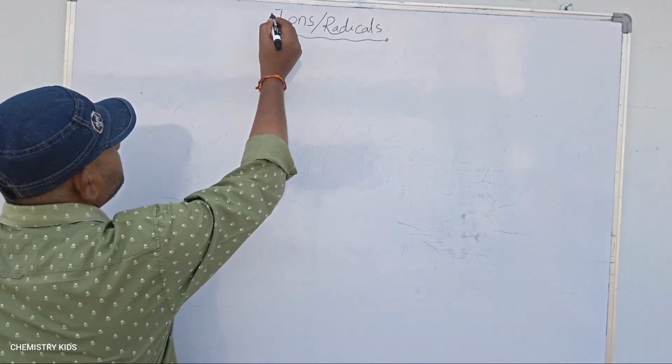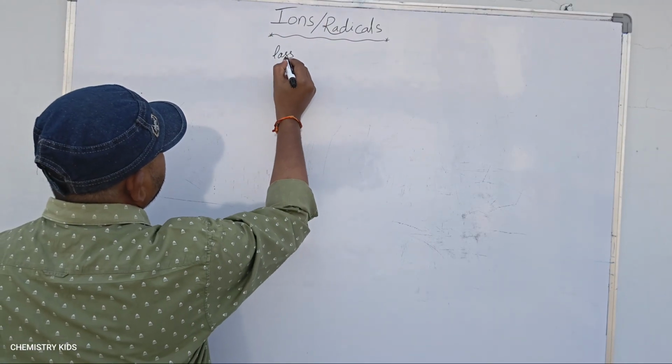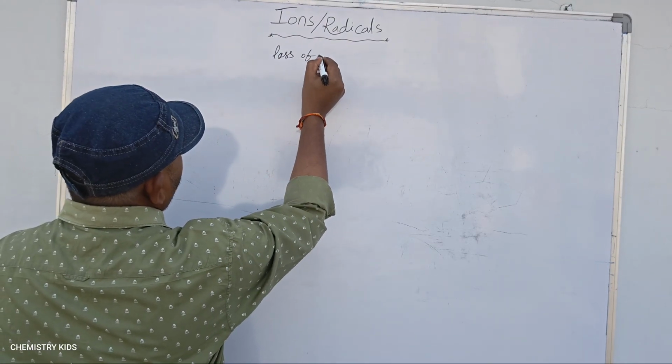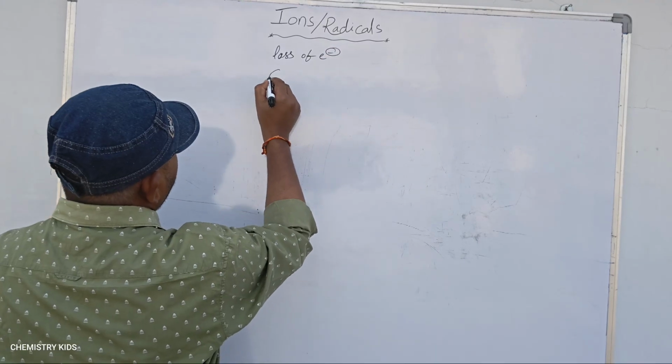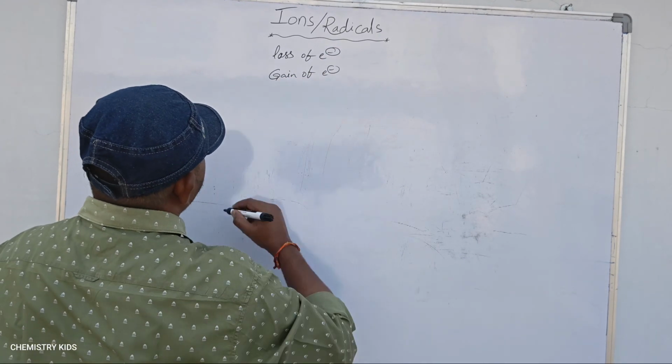So how are ions formed? By the loss of electrons or the gain of electrons.